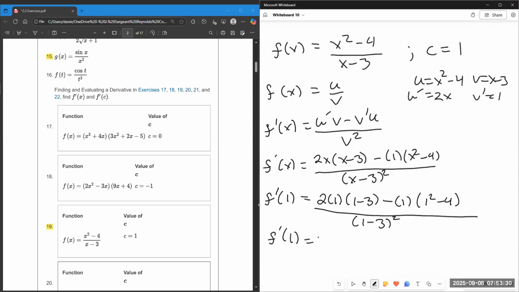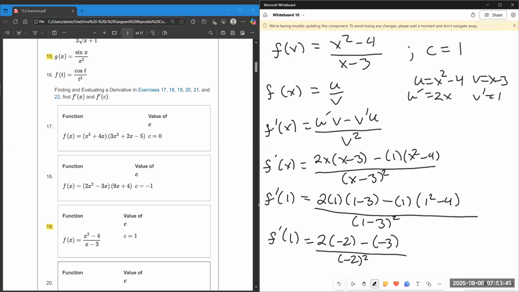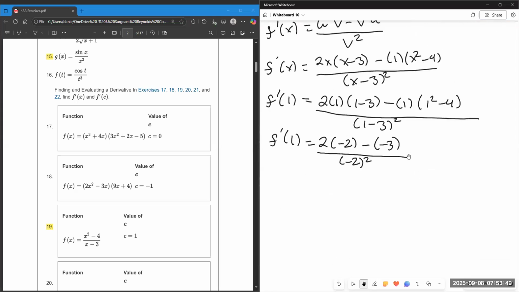So 2 times negative 2 minus, 1 minus 4 is a negative 3, over negative 2 squared. So f prime of 1 is a negative 4 plus 3 over 4. That's a negative 1/4 for my slope there.